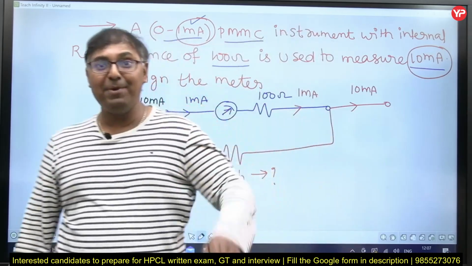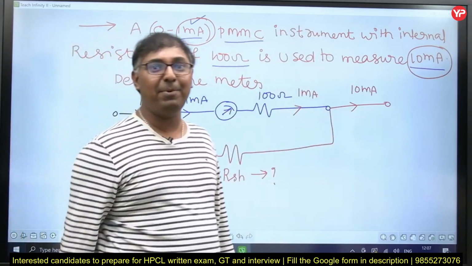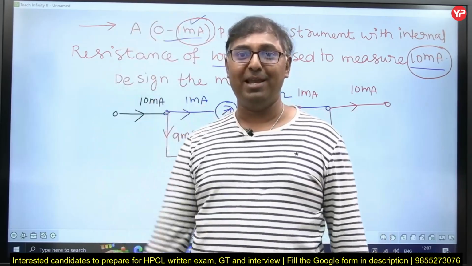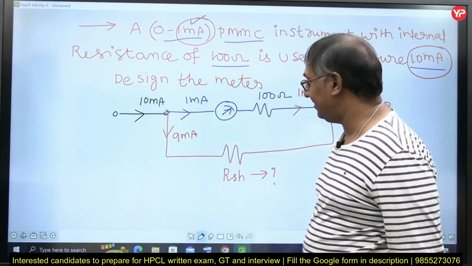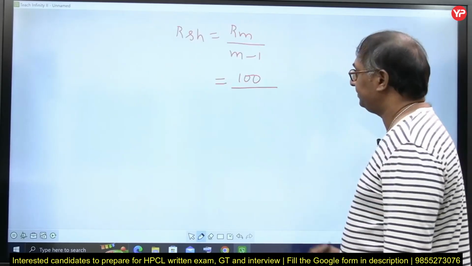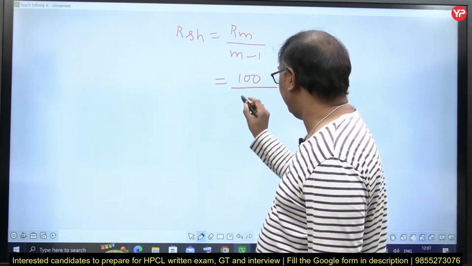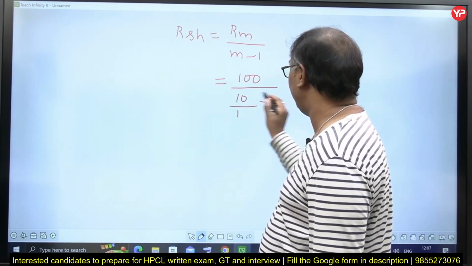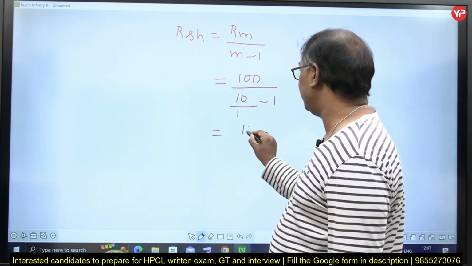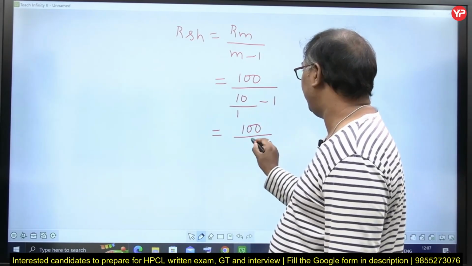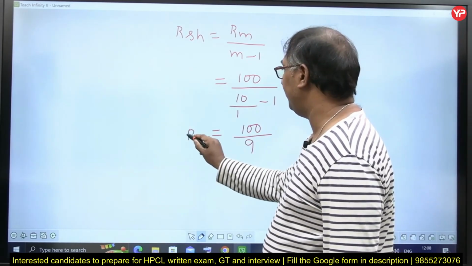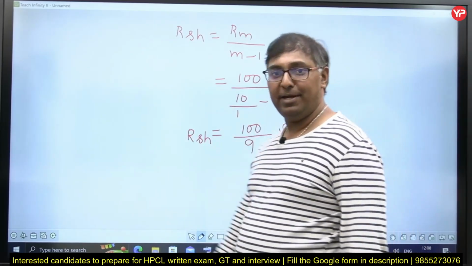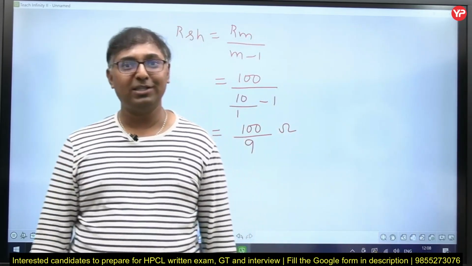So M is 10 milliamps by 1 milliamp, which is 10. Putting M here, RSH equals RM by (M minus 1). Finally, the answer is 100 by 9 ohms. This is the RSH value.